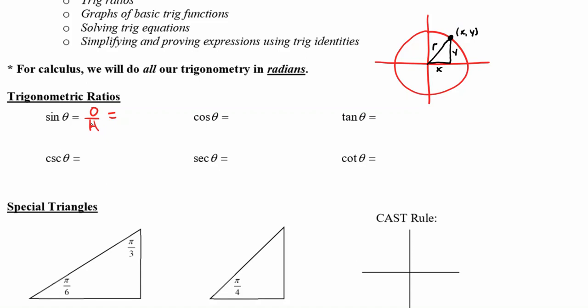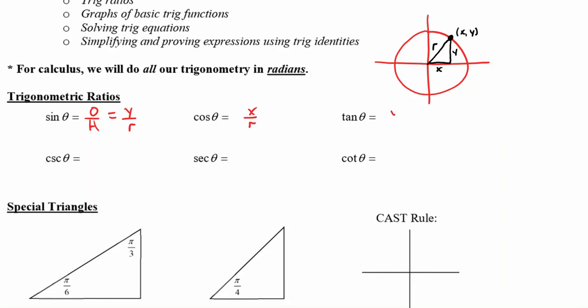So instead of relating sine theta in terms of opposite and hypotenuse, I'm actually going to call it y and r. Make it red. So y and r. And then cos theta would just be x over r.